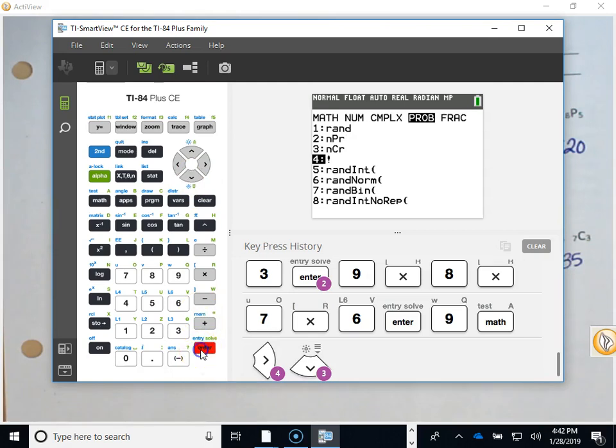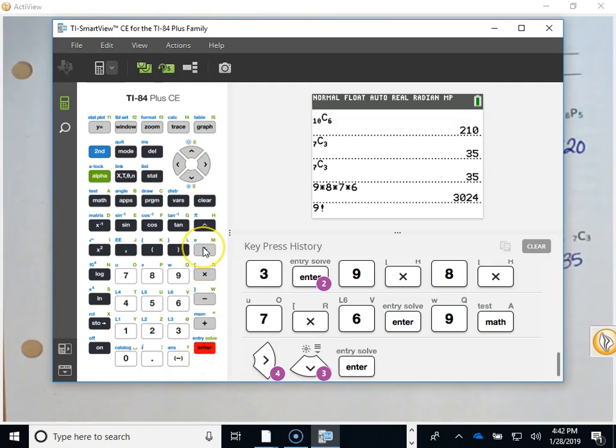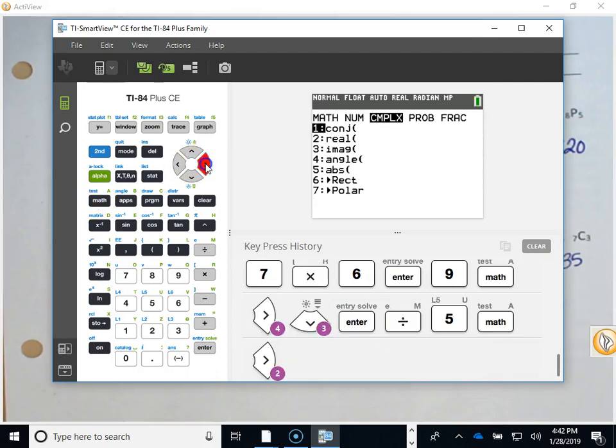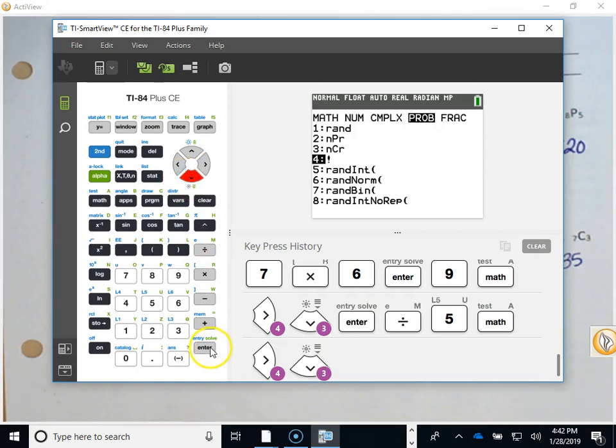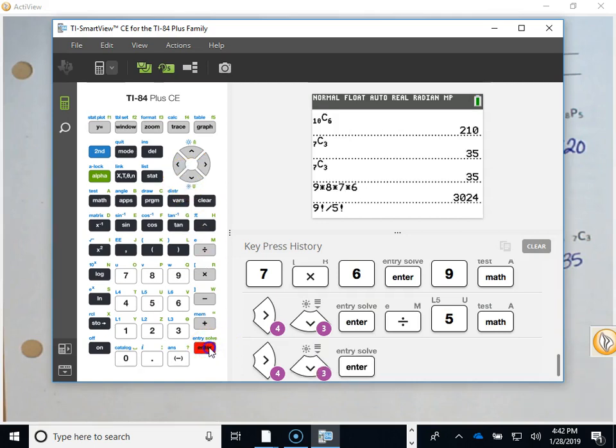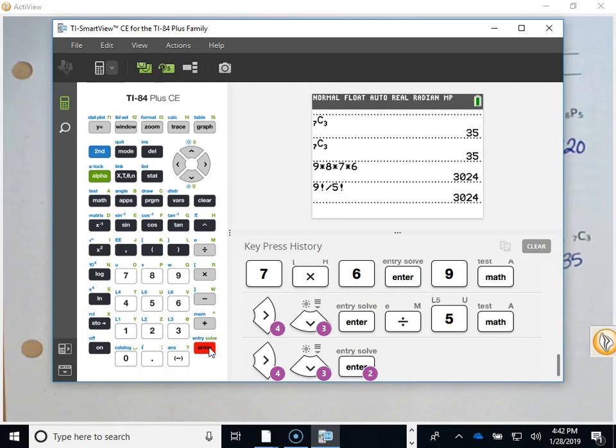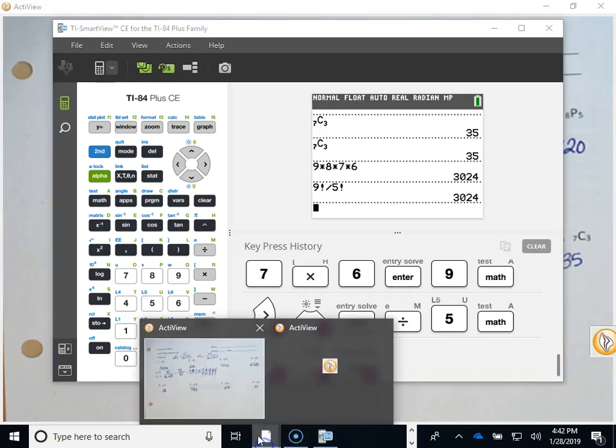So you could hit enter, and then that's in the numerator, so we're going to hit divide, and then put what we have in the denominator, which is 5, math, over to probability, and then down to the factorial. Hit enter, and then hit enter again, and we get the same answer. Okay? So just so you know, there are multiple ways to do it, but actually using the permutations button is the easiest, the quickest.